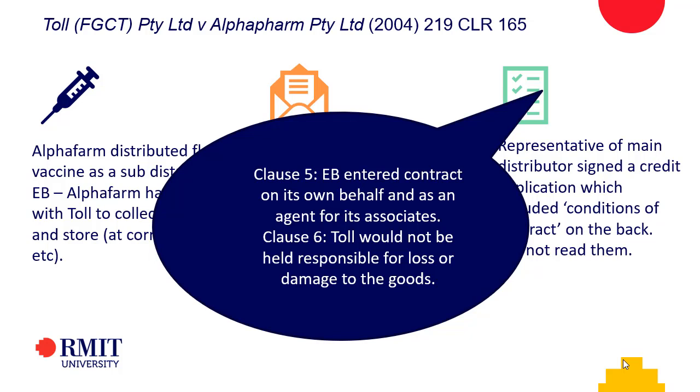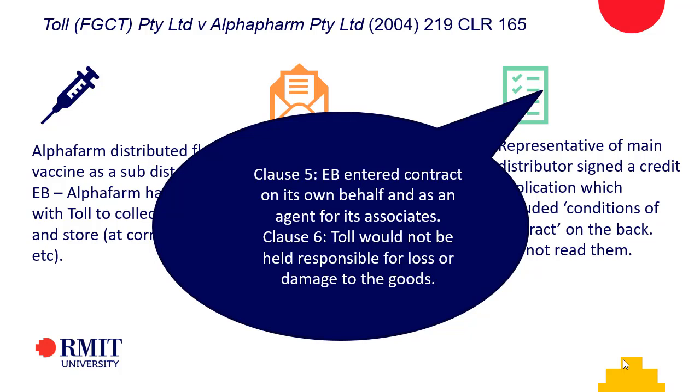Basically Toll got it wrong, Fine-Moores got it wrong. They didn't maintain the temperature of the vaccine, so the vaccines were spoiled. So EB then has a problem with Alphapharm because Alphapharm was supposed to maintain this vaccine at the right temperature. Presumably the government department and the hospitals also have a problem, but their problem is with EB.